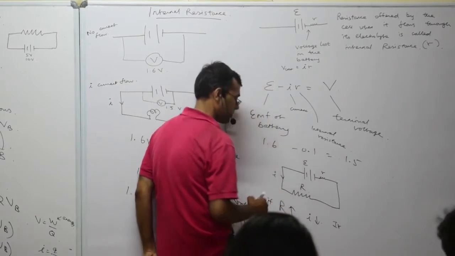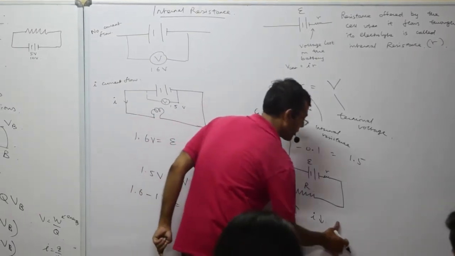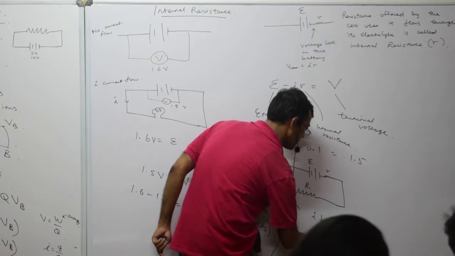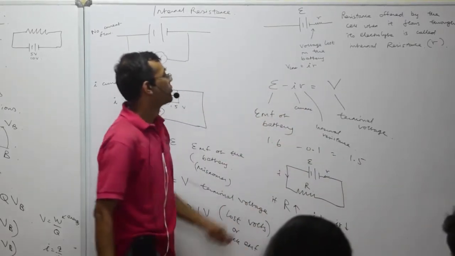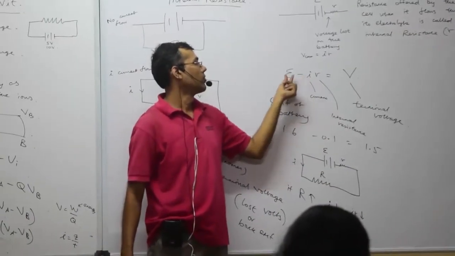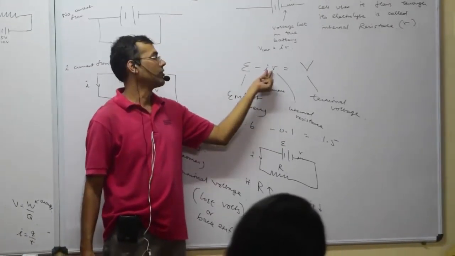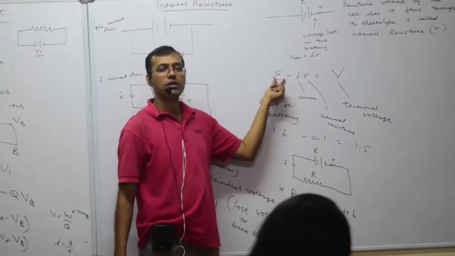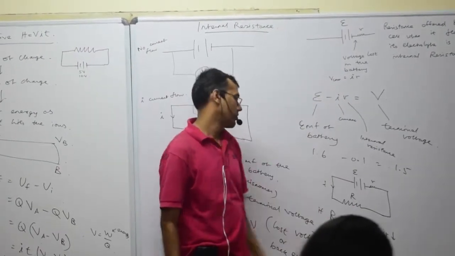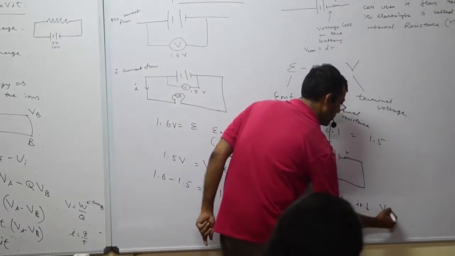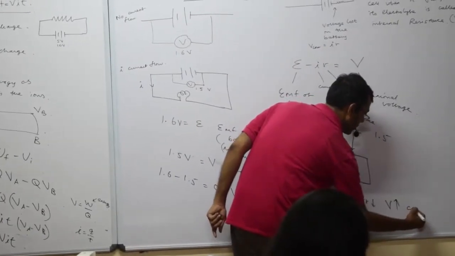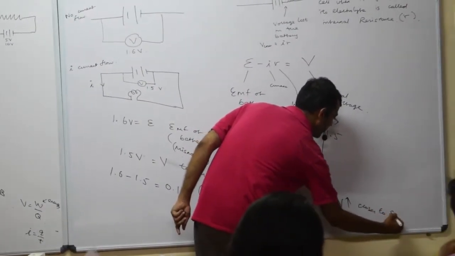Maybe I can use small I. So IR is also small. So this value is small, right? What happens to this value? This is subtracting, right? So this value is very small. This V will be increasing. So V will be high, closer to EMF.